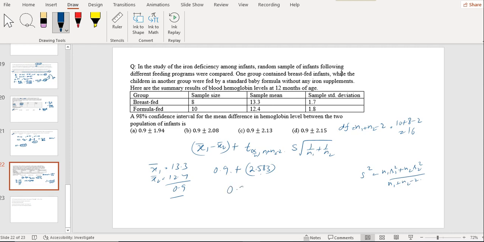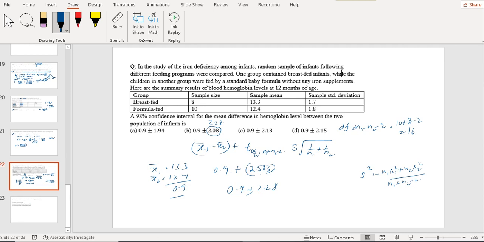So it is 0.9 plus or minus 2.28. Okay, the answer should be 2.28. Maybe the given option is different, but your answer should be 2.28. This is the correct answer.